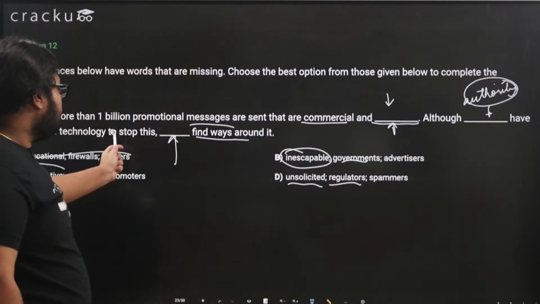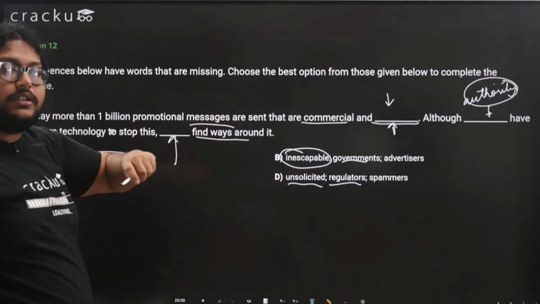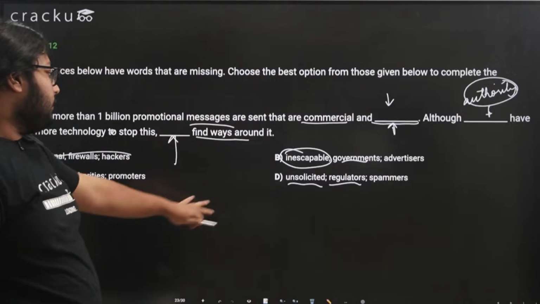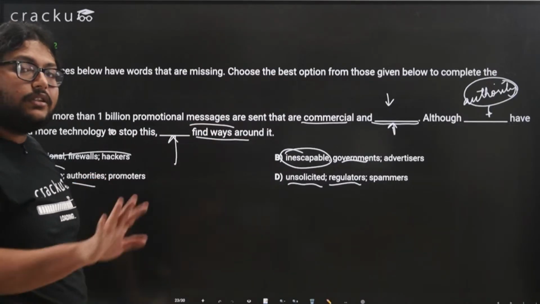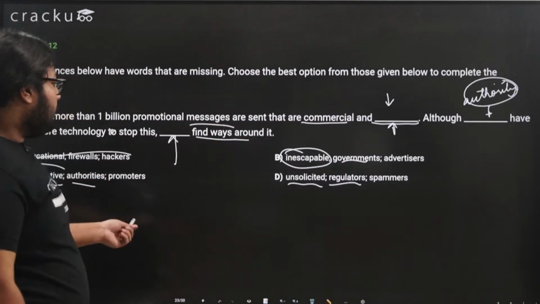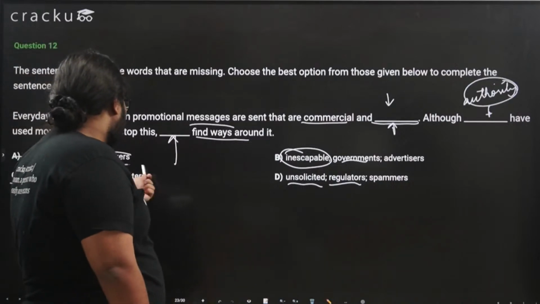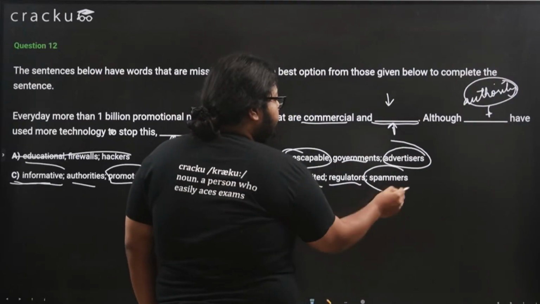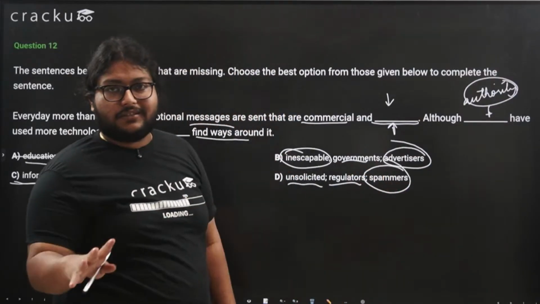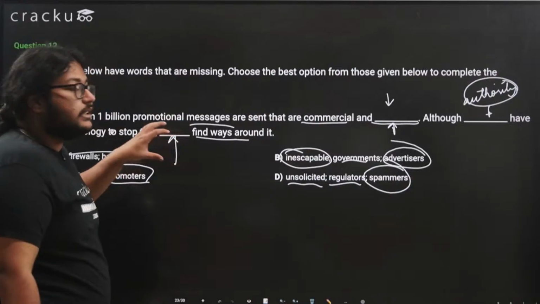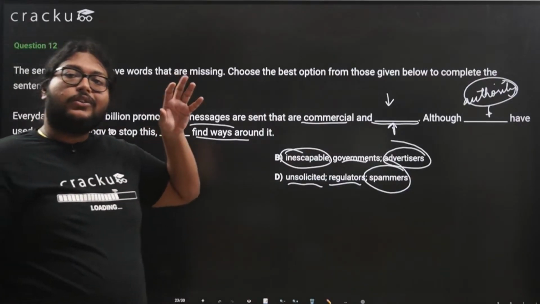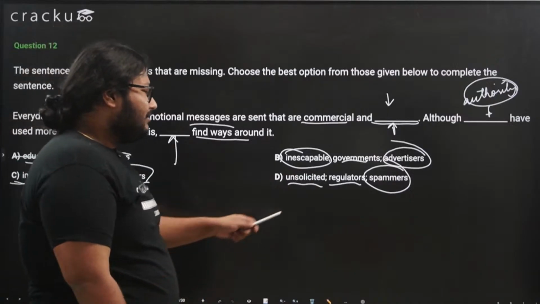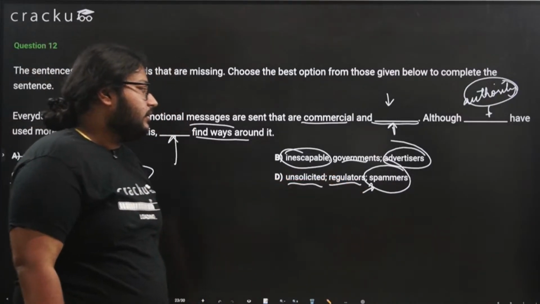Third blank, we want dash find ways around it. Like some people, they will still find ways around what the authorities like the government or the regulators are doing. Here we have promoters, advertisers, spammers. Clear choice. If we want someone who doesn't have regard for the law as much, probably a spammer.